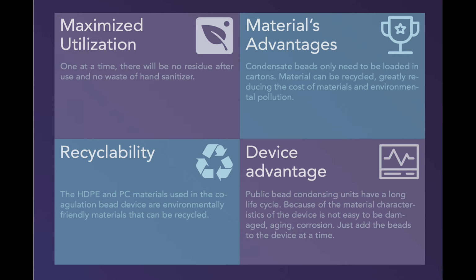In terms of device design, the device has a long life cycle because of the advantages of materials. The device replenishes beads as required. In the event of malicious sabotage, the HDPE and PC materials used can also be recycled.